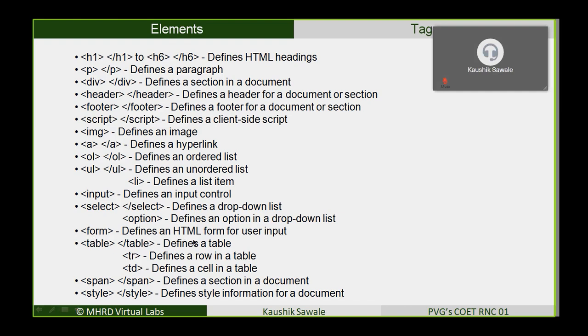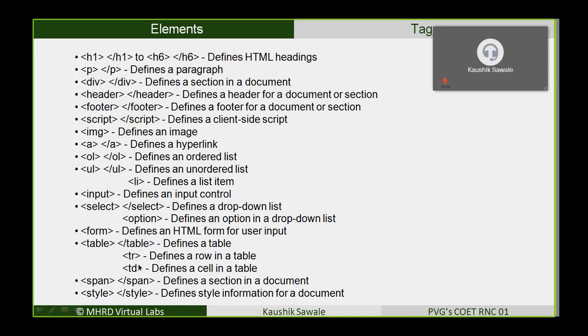The form element describes a form in an HTML document. We all must have gone through forms, for anything we can say. So that is used by form tag. Also tables are there in HTML. These are used with table tags, and in table tags the tr tag defines a row in a table.